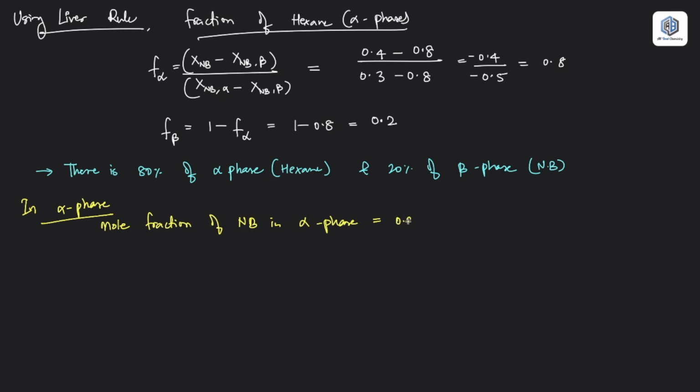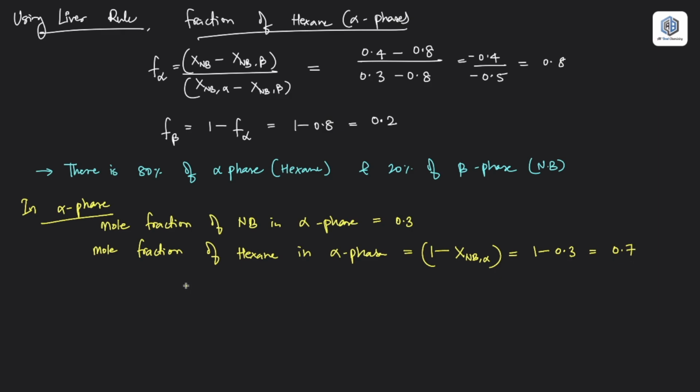So that is 0.3, or this is x_NB comma alpha. Now if you know the mole fraction of one of the components, and if the system is of two components, you can simply calculate the mole fraction of the other. So the mole fraction of hexane in alpha phase can be simply calculated as 1 minus x_NB comma alpha, right? You can just subtract this value. So this will be 1 minus 0.3, and this will give you 0.7.